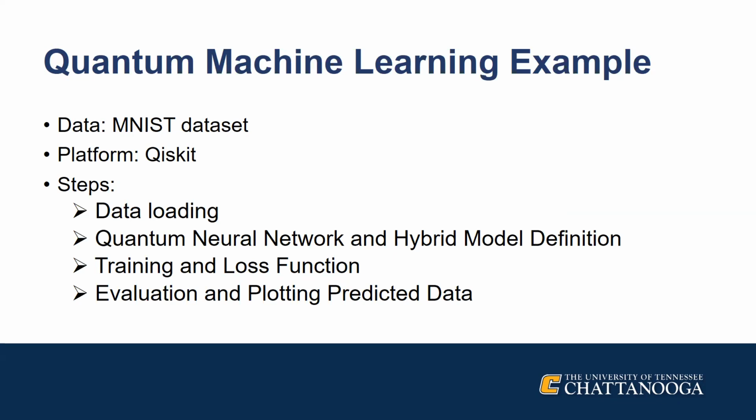Each image is 28 by 28 grayscale pixels. There are different platforms, but in our case, we're using Qiskit. Other platforms include TensorFlow Quantum from Google, PennyLane, open source software, and Pyquil from Rigetti Computing. But we are going to use the Qiskit platform.